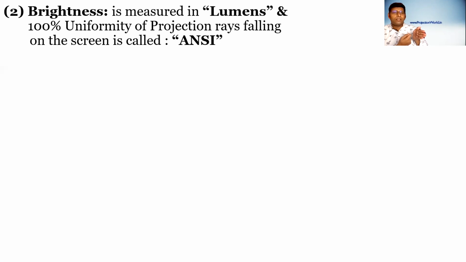If by that lux meter you get equal measurement in all the 9 parts, supposing the projector is said to be a 3000 lumens projector and you get 3000 lux in all the 9 parts, then it is 100% uniformity of the projection. So it is known as ANSI. That measurement is, again, a universally certified parameter, that is ANSI. ANSI is nothing but the 100% uniformity of the projection.